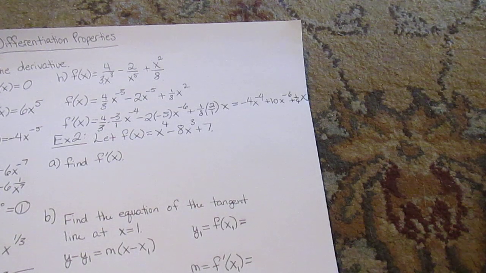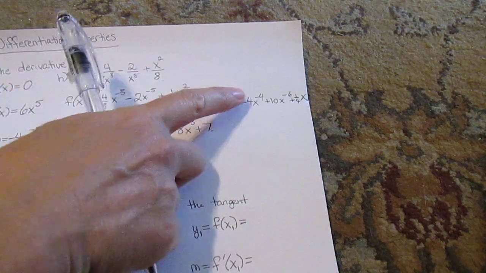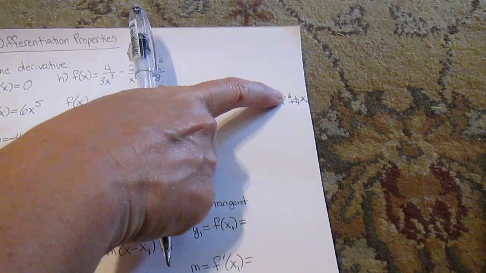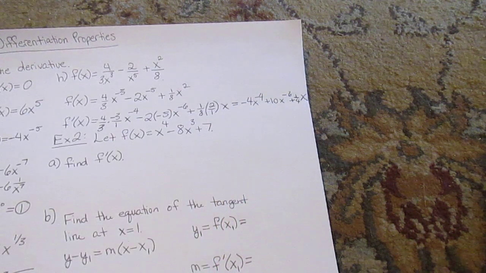And you can do more rewriting if you want to. If you want to change your negative exponents to a positive exponent by bringing it down to the denominator, you can do that, but I'm going to leave it here.